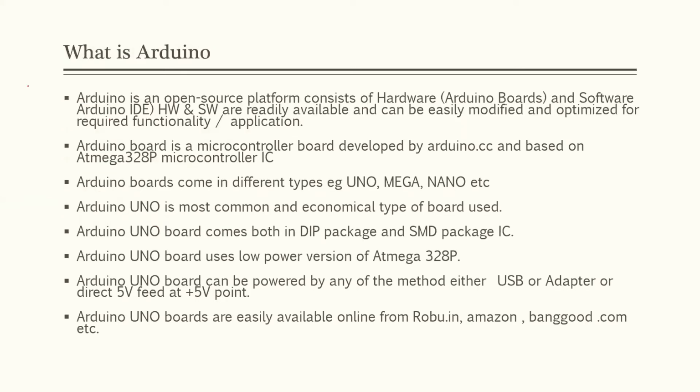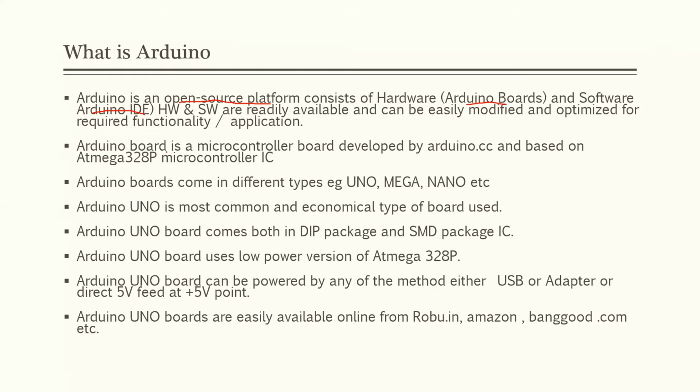What is Arduino? Arduino is an open source platform. It consists of Arduino boards as hardware and Arduino IDE as software. Hardware and software are readily available for use and can be modified as per the application.